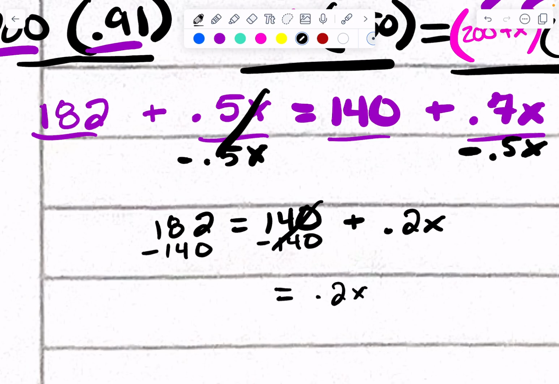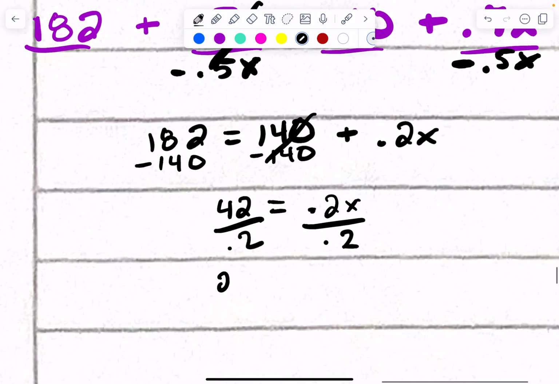Okay, but 182 minus 140 is 42, and then I'm going to divide by 0.2. That is 210, I believe. Right, 42 divided by 2 is 21, but I have to add a 0, right? It would be like 420 divided by 2, so 210, whatever.